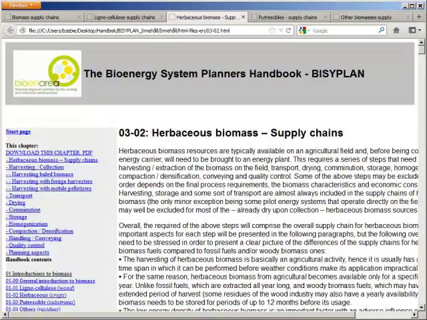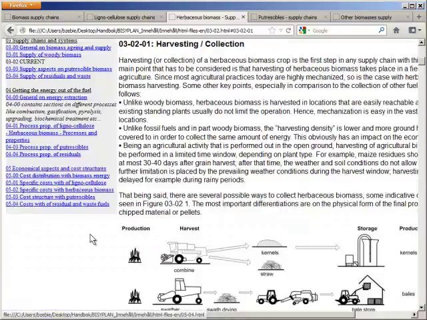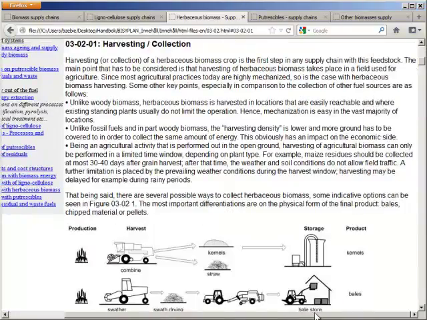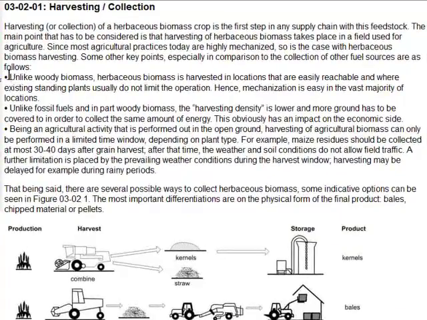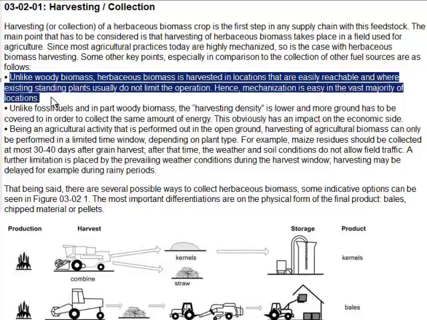Turning our eyes now into herbaceous biomass instead, let's go down and have a look at the harvesting and collection of herbaceous biomass. There is one major difference as comes to the harvesting, and that is that unlike woody biomass, herbaceous biomass is harvested in locations that are easily reachable and where existing and standing plants usually do not limit the operation because the field is dedicated for growing a certain crop.